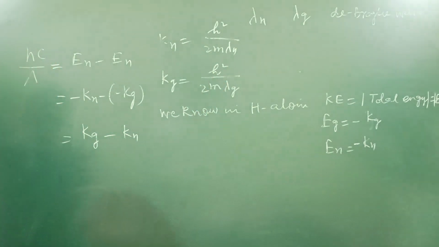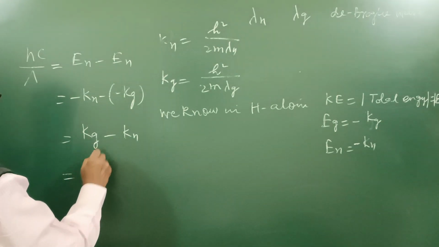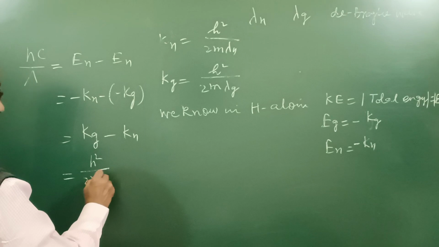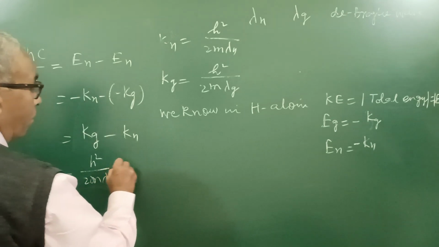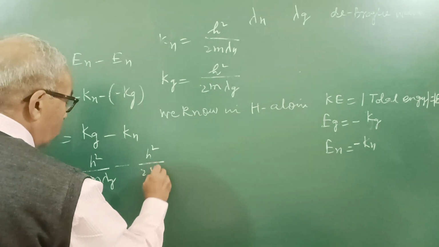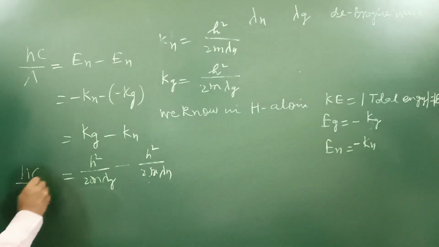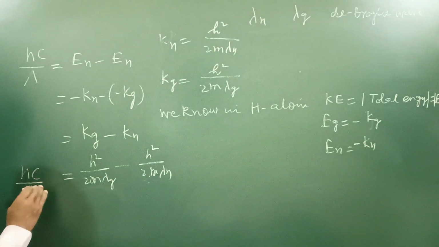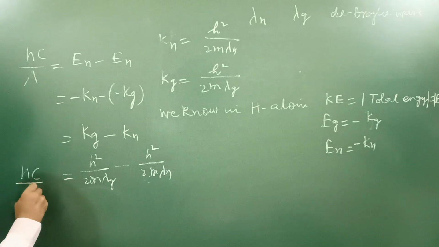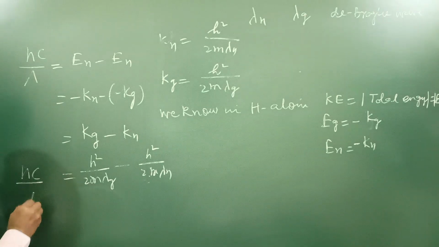Put these values here and you will get h square upon 2m lambda g square minus h square upon 2m lambda n square equal to hc upon lambda n, where lambda n is the wavelength of photon emitted during transition from n to ground state.